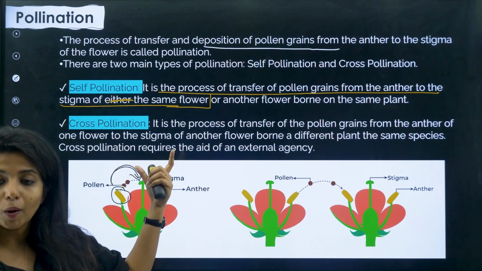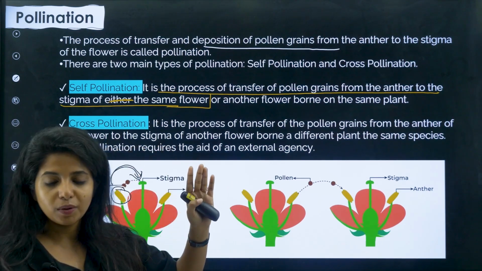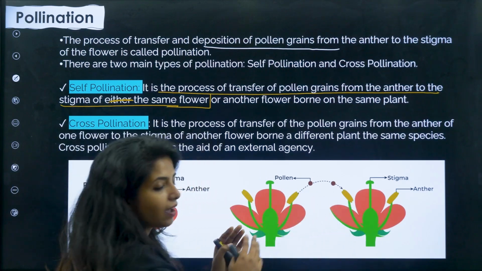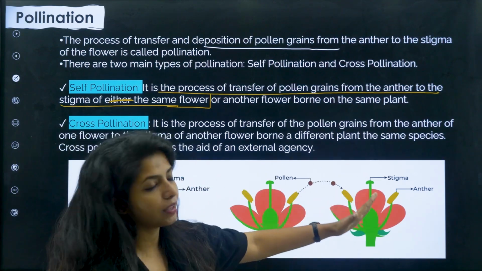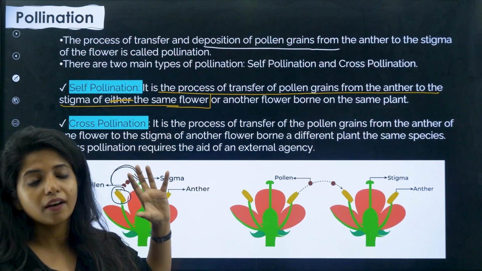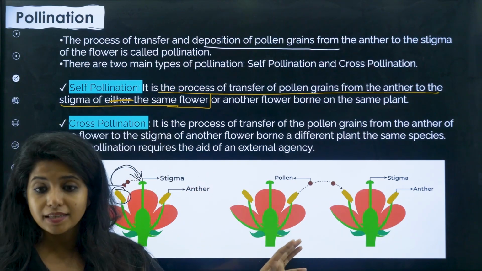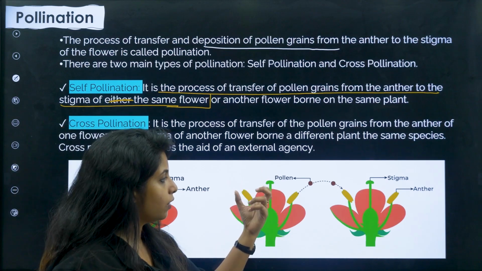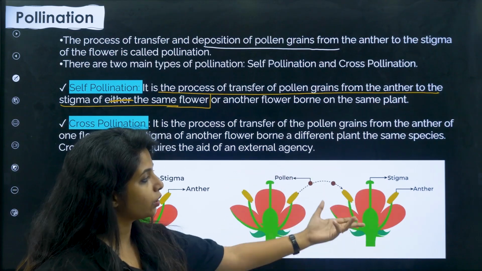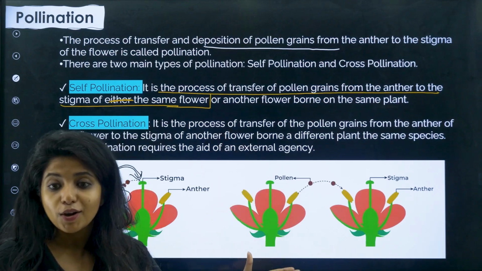Now what do you mean by cross pollination? Usually cross pollination means there are two different plants of the same species, with different flowers, and pollen goes from one to the other. But according to NCERT, they have not mentioned that there are different plants. They have mentioned that it is from one flower to another flower, and they didn't mention if it's the same plant or a different plant.